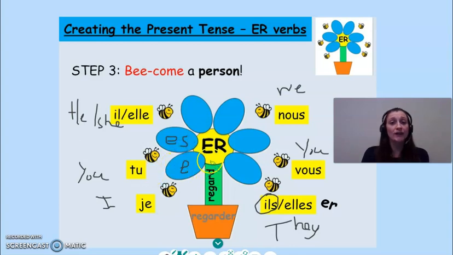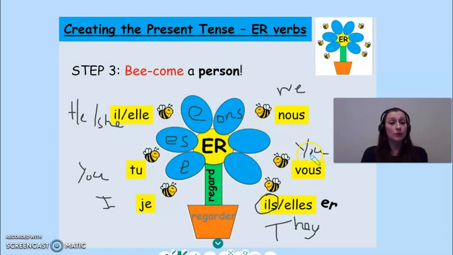Tu regardes, but listening again, you can hear that the S is silent. Il or elle regarde. So can you notice they all sound the same, but it's really important that we're paying attention to the spelling. Going on to nous, we, is O-N-S. So it would become nous regardons.